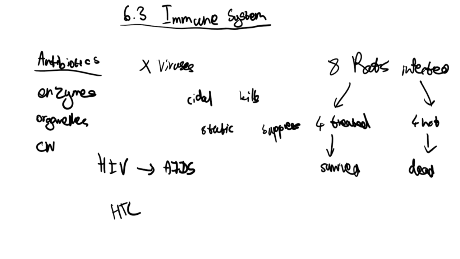Because helper T cells are damaged in this process, antibody counts are going to be lowered. Think about it: lowering helper T cells means lower B cell activation, which means lower plasma cells, which means lower antibodies. So you become more susceptible to other illnesses and diseases, leading to negative impacts on the body.